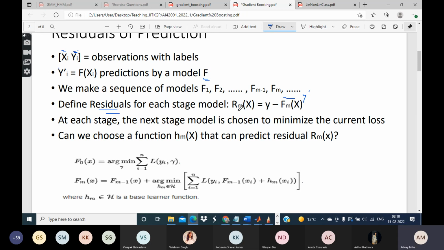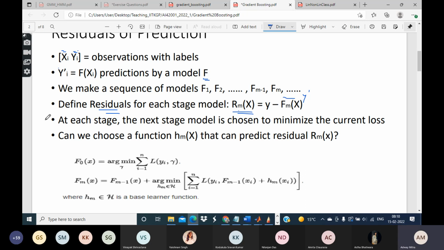Let us denote by Rm the residual for the mth model. Rm is basically the difference between the true label minus the label predicted by the mth model.